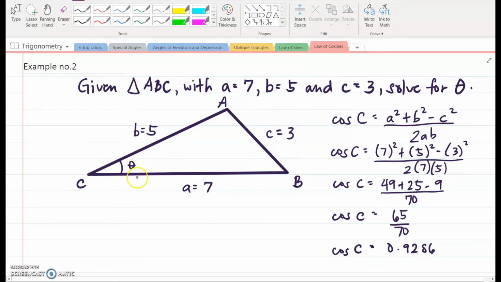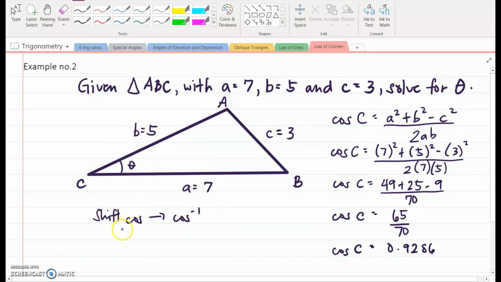Since we're looking for theta, or angle C, we're going to use the value of this function, cosine C equals 0.9286, by pressing shift cosine function to get arc cosine.